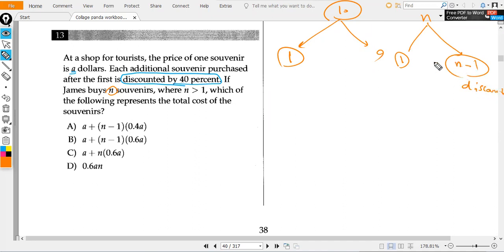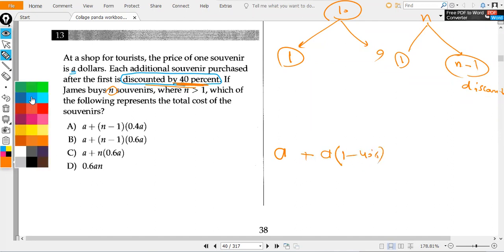Okay? So let's write the expression. The first souvenir will cost $8 without any discount. $8 plus, I'll decrease the price by 40%, so 1 minus 40%. Now the number of souvenirs that will be discounted is n minus 1. Why is it not equal to n? Because the first one is without discount. Got it now?